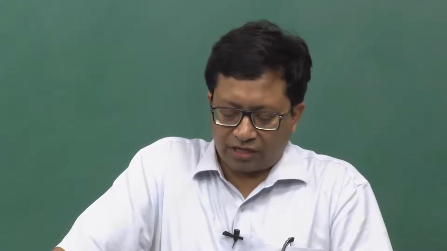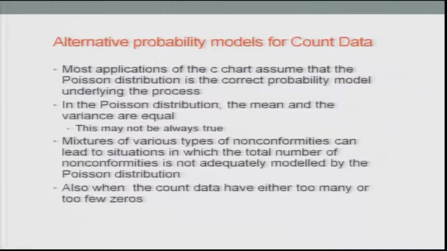So, mixtures of various types of non-conformities can lead to situations in which the total number of non-conformities is not adequately modeled by the Poisson distribution. Obviously, it would mean that the Poisson distribution based on which we are trying to find the limits, and then find out how the overall process graph changes, may have an error because the Poisson distribution by itself is not true.